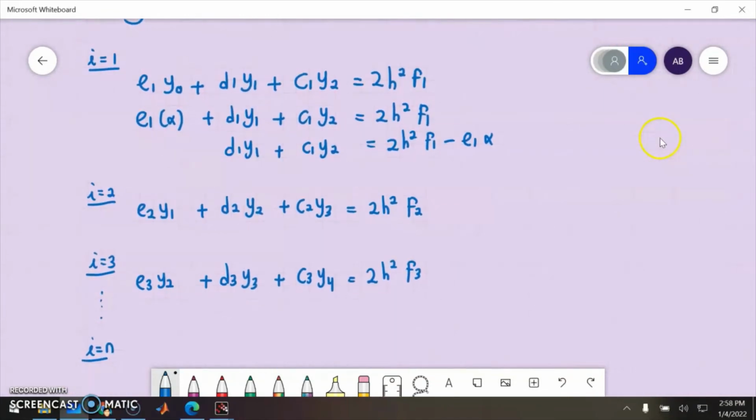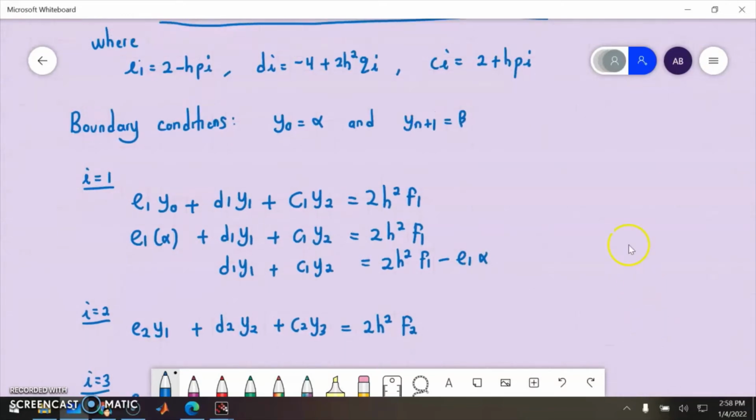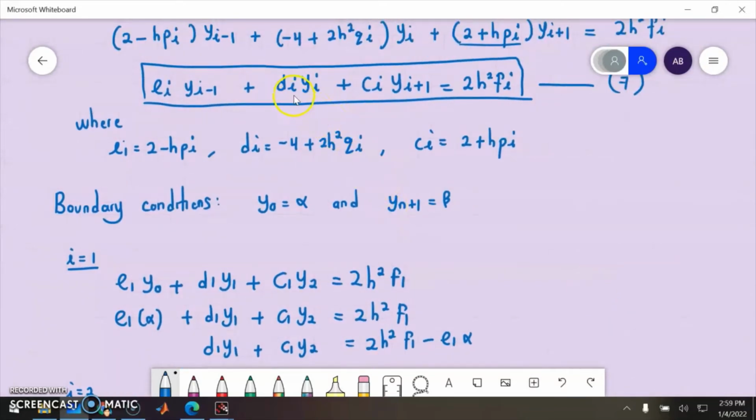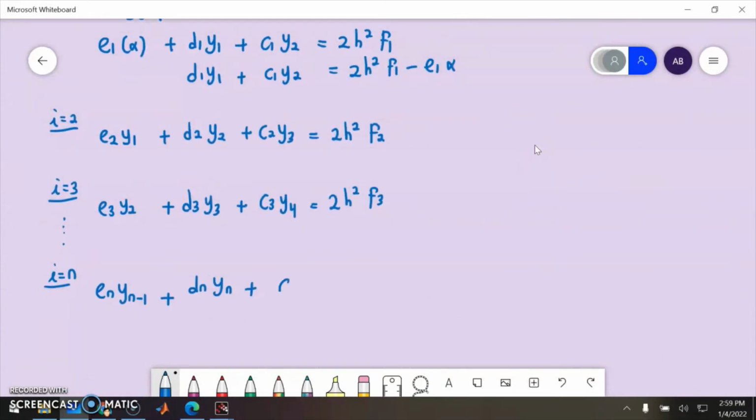En Yn minus 1 plus DnYn plus, okay, correct. When I is n, DnYn plus CnYn plus 1 equals 2H squared Fn.